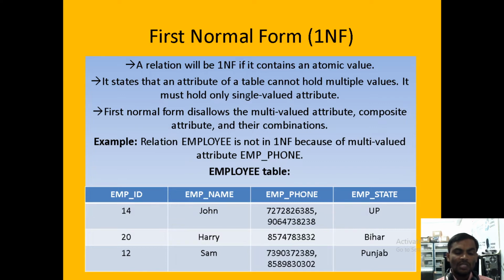For each and every record, for the specific attribute, under that attribute the value should be unique. We should not place multi-valued attributes, otherwise we cannot consider it as the first normal form.